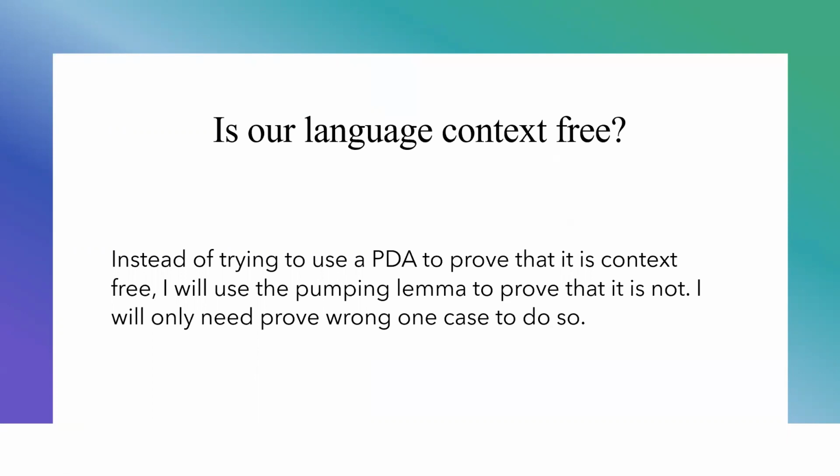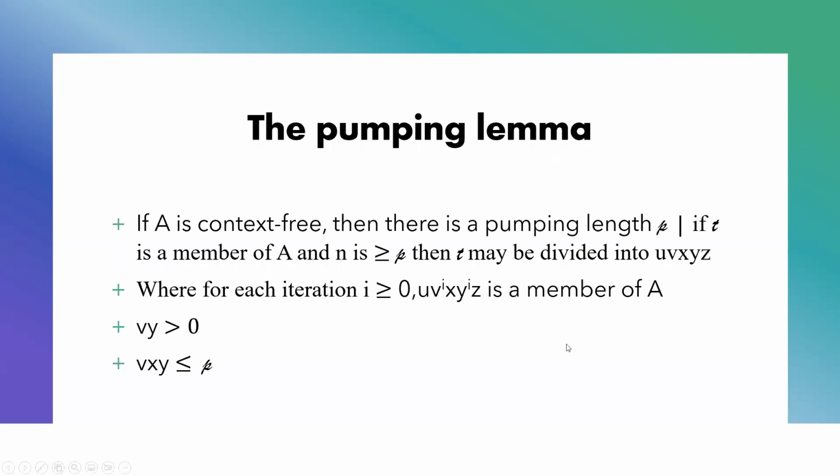And to do so, we're going to use the pumping lemma. What the pumping lemma does is it separates the different pieces of the string to see if, when it pumps, the machine would still accept the language.